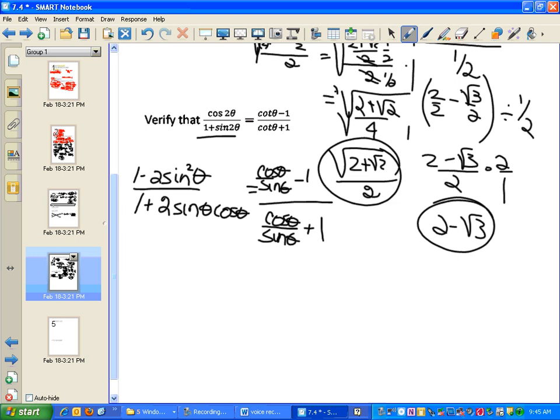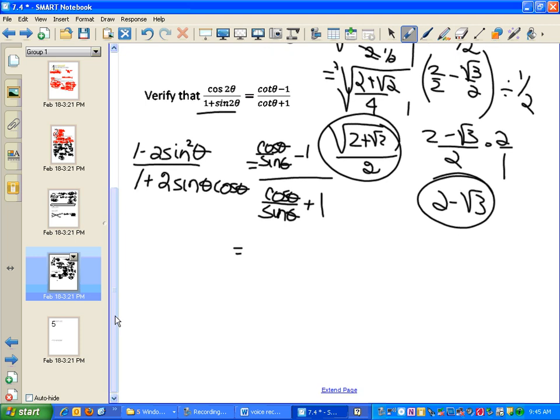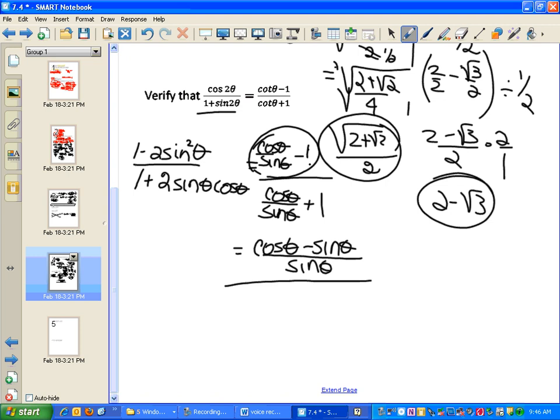All right, so what we're going to do here then is we're going to say this is the cosine of theta minus the sine of theta over what? If I'm just working with the numerator. If I'm just getting a common denominator over here, cosine minus sine over sine, because I'm multiplying this one by sine over sine. Okay, what is my big denominator down here going to be?